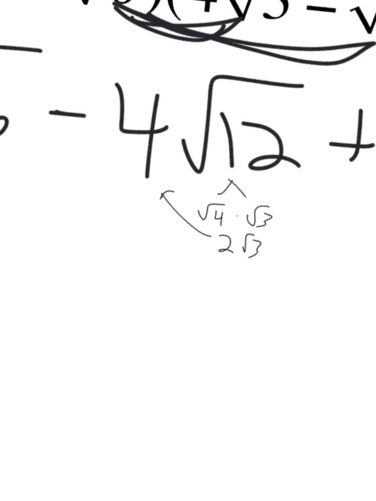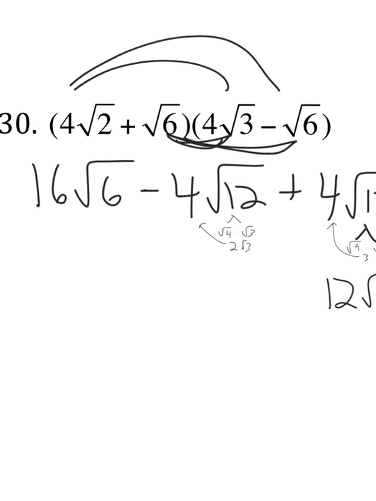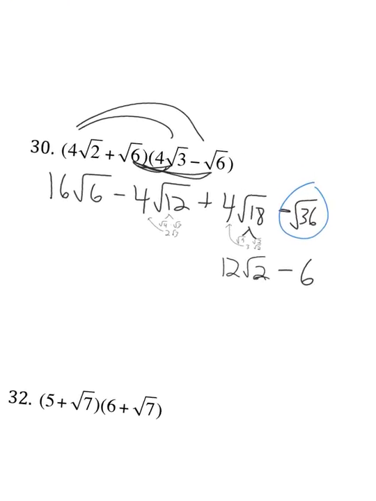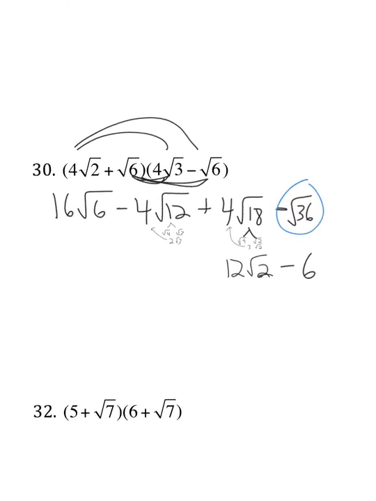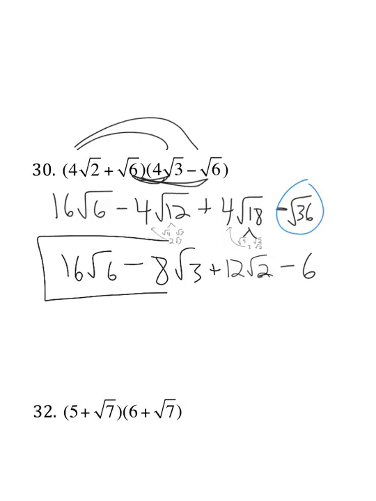So what I'm dealing with is negative 8 square root of 3. 16 root 6 can't break down any. So this, ladies and gentlemen, is your answer. Because you can't combine any of these things because they're not like. Isn't that crazy? Just leave it as is. Nice, ugly, weird answer.